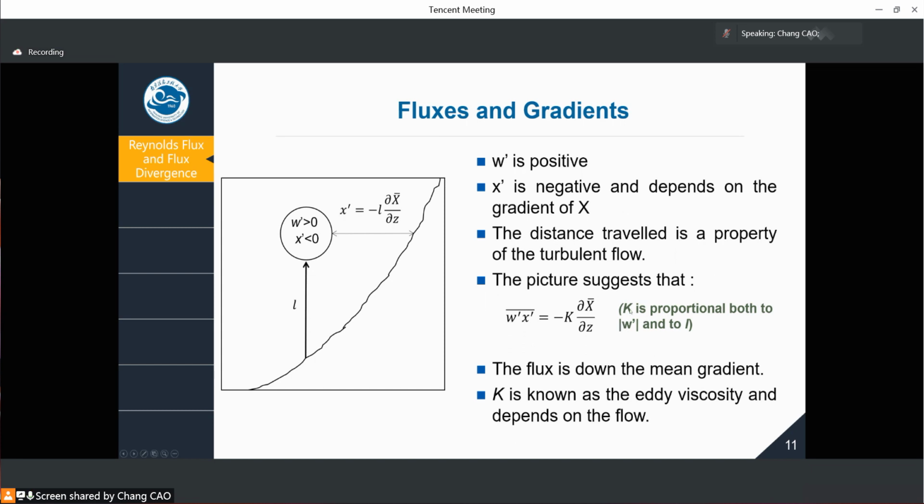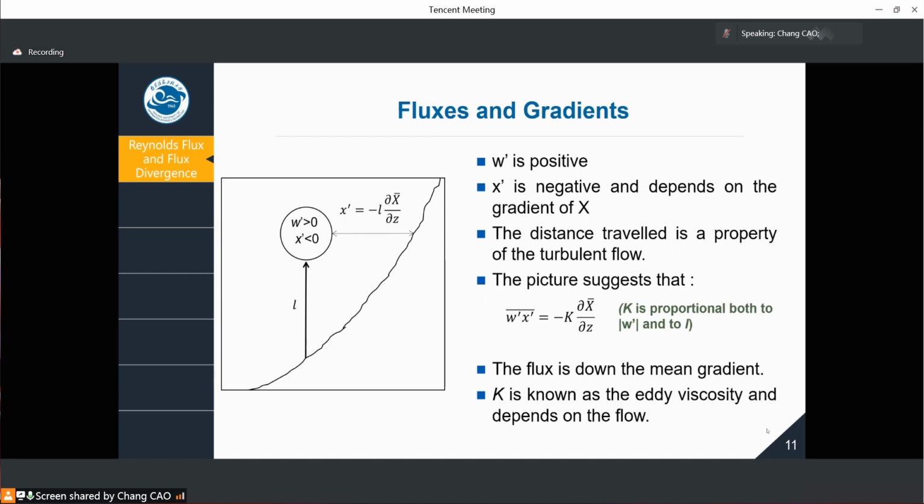Okay, so here what we want you to know is that in this equation, usually the flux is of the opposite sign of the gradient. It means that if the z derivative of x mean is bigger than 0, usually the Reynolds flux is smaller than 0. They have such an opposite sign.